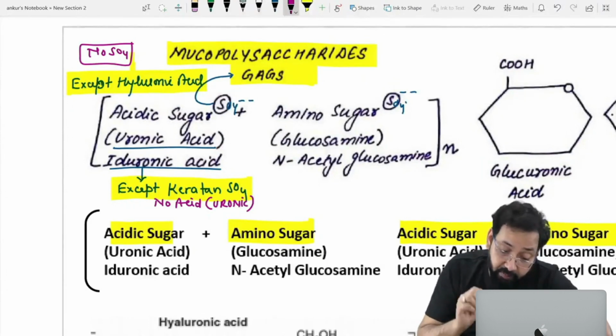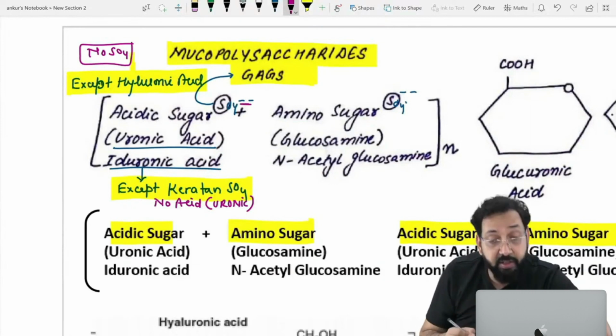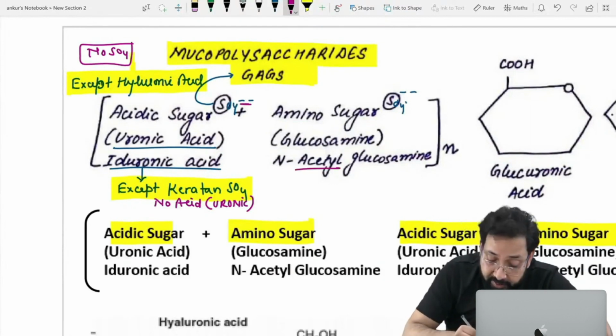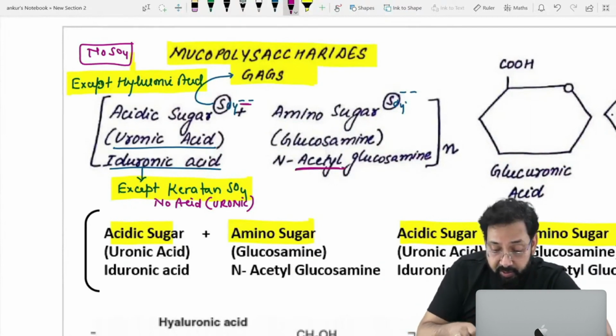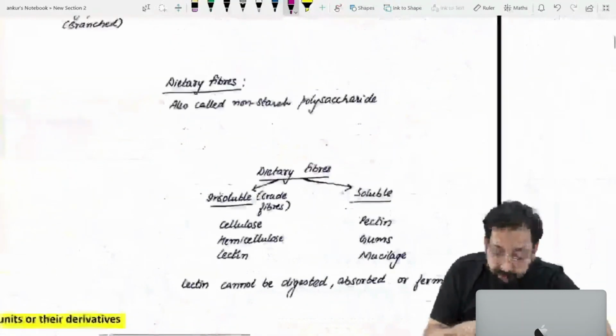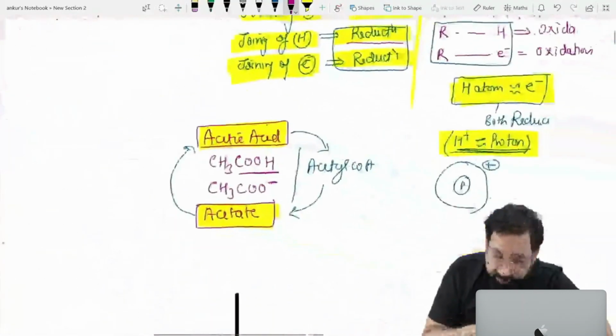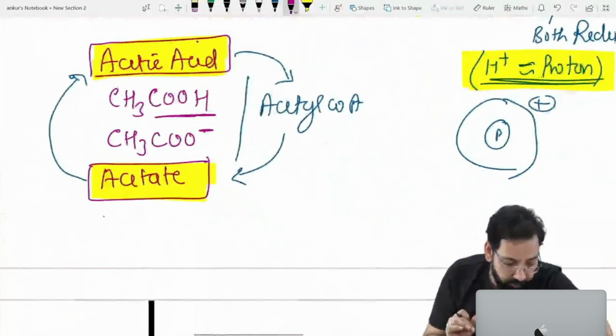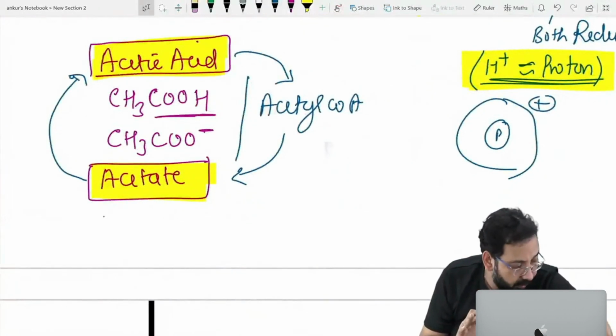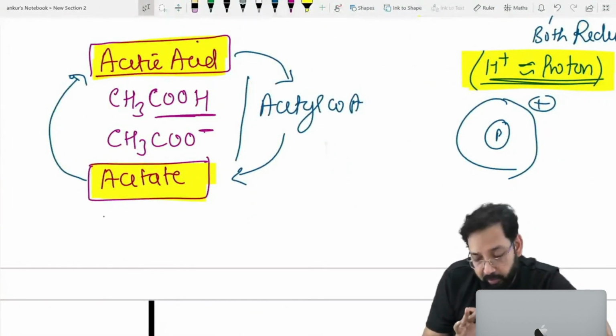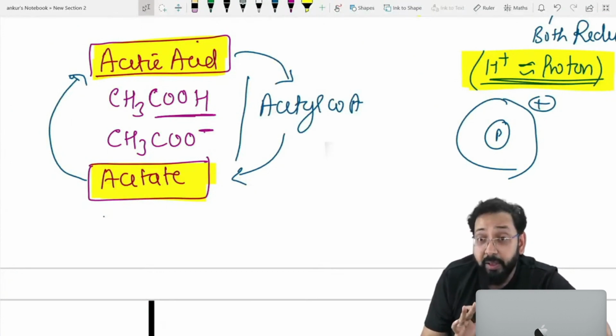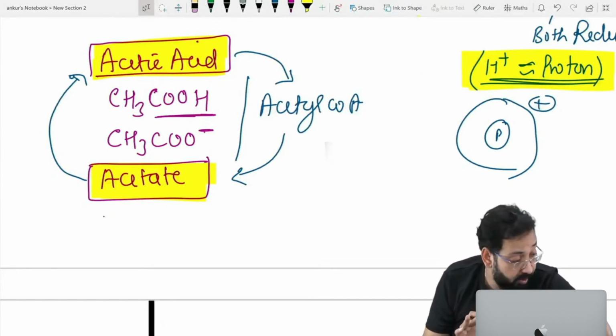So all mucopolysaccharides are having sulfate. Sulfate is having which charge? Negative charge. This is, again, a difficult topic, mucopolysaccharides. They ask questions about the structure, so you must know.